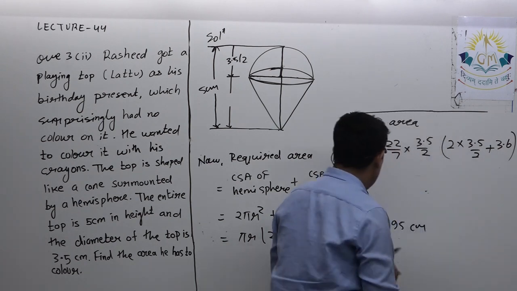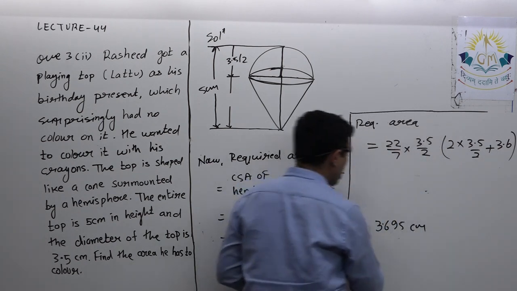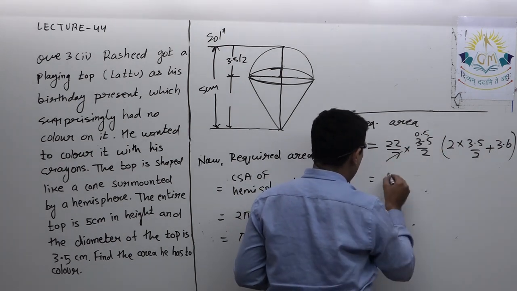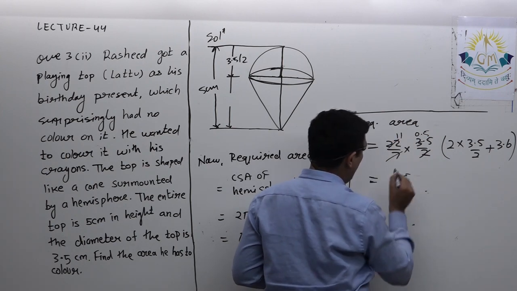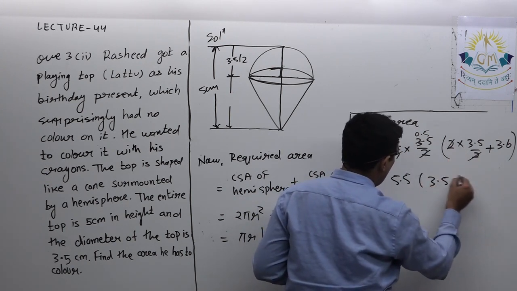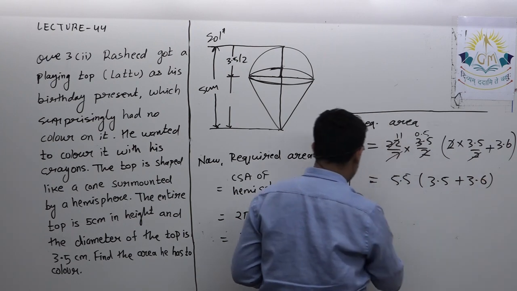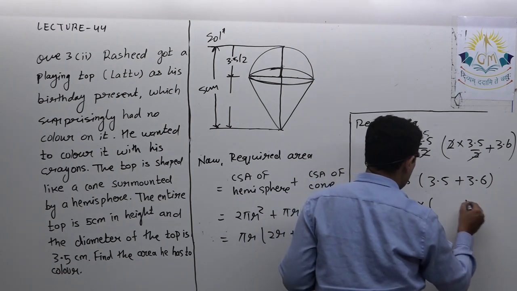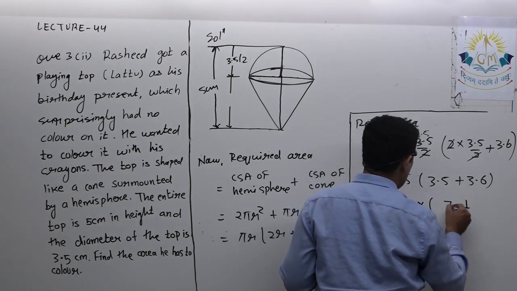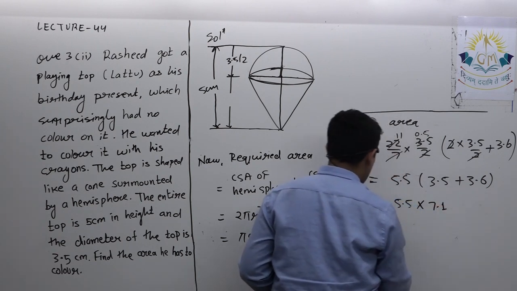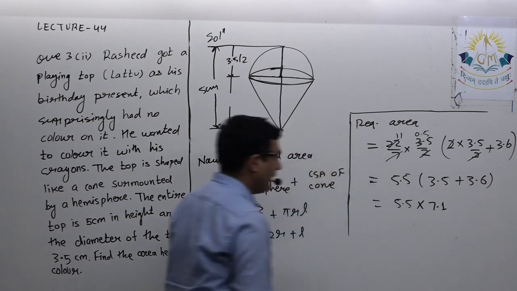I'm writing it only 3.6, up to one decimal place. So 11s are 55, that is 5.5. 2 and 2 you can cancel, so here you are left with 3.5 plus 3.6, that is 7.1. So 5.5 multiplied by 7.1. You can just multiply this and you will get your final answer.